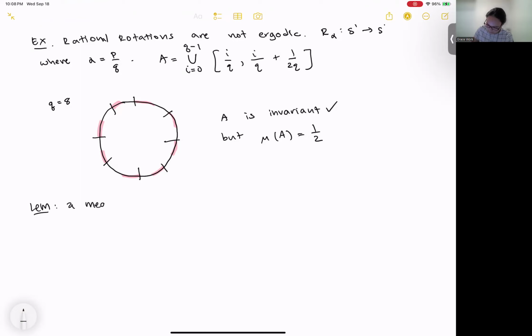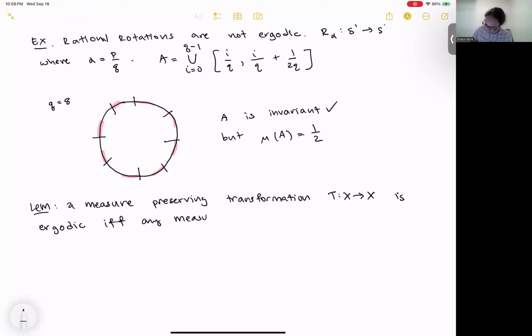We will say a measure preserving transformation T is ergodic if and only if any measurable function f from X to R that is invariant, which means f composed with T is equal to f, is constant.